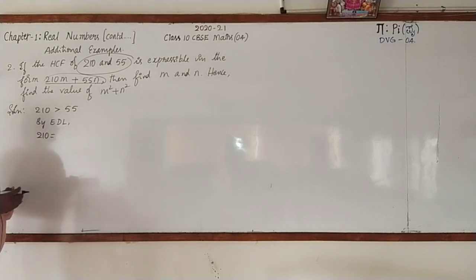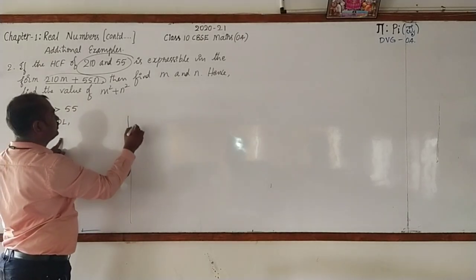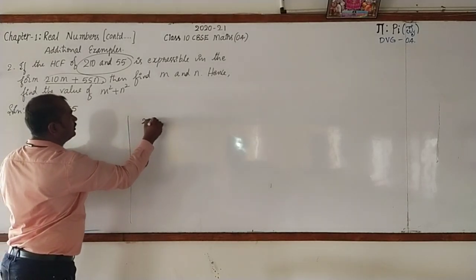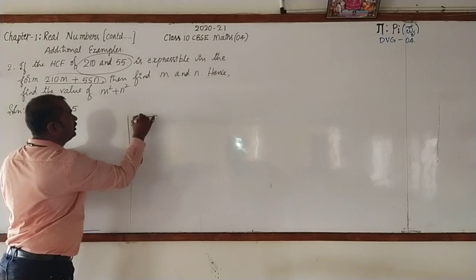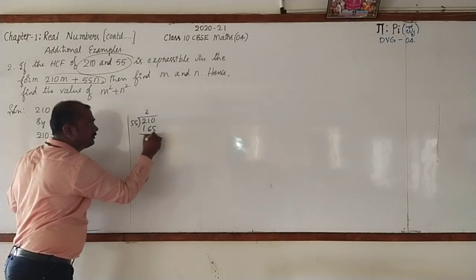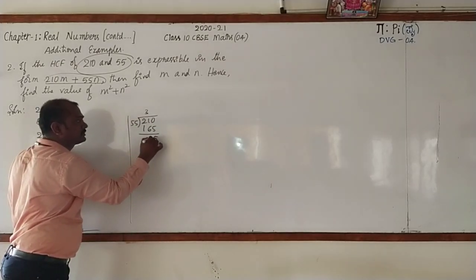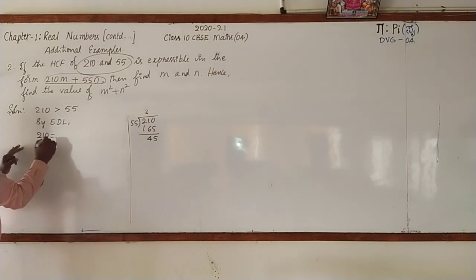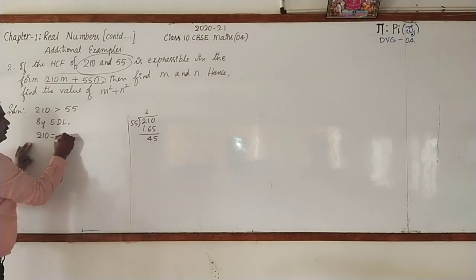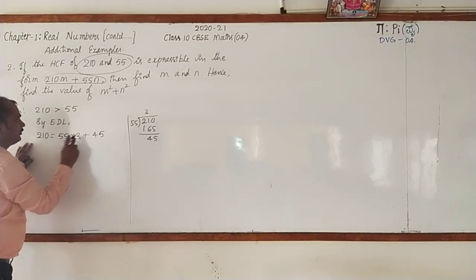You can take 55 threes directly, but I will use this column. 210 divided by 55: 55 threes are 165. The remainder is 45. So 210 = 55 × 3 + 45.